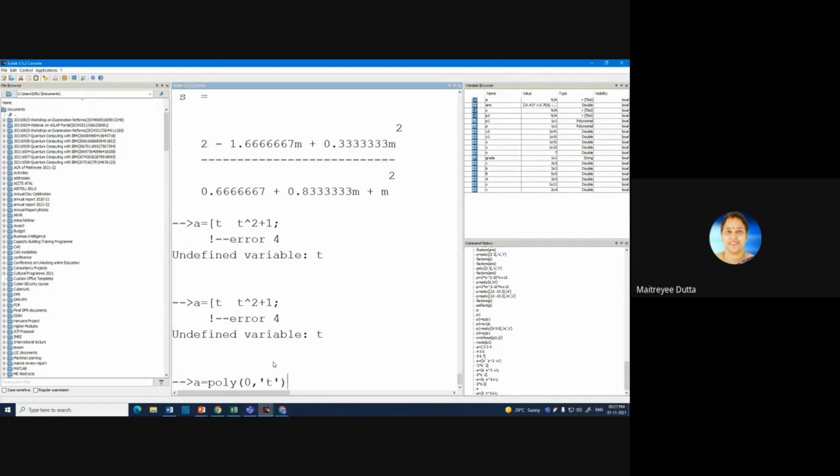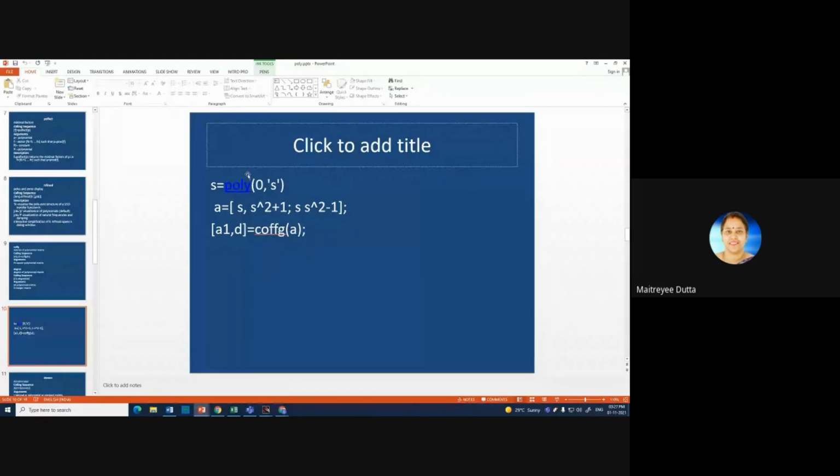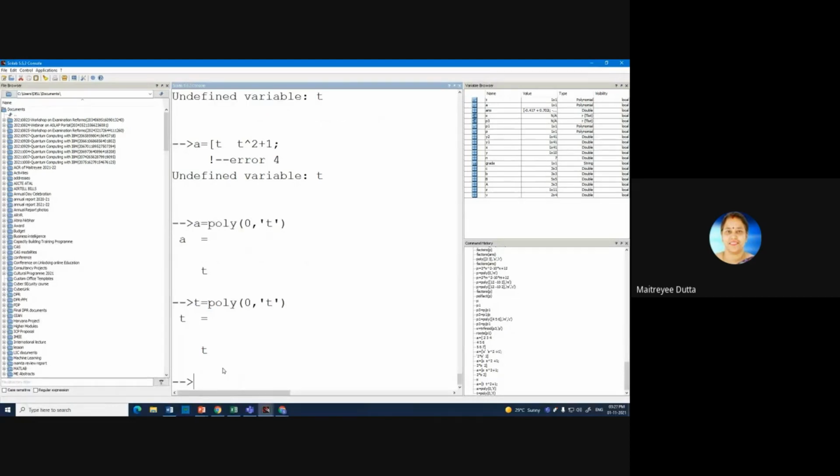That means t is now declared as a polynomial variable.